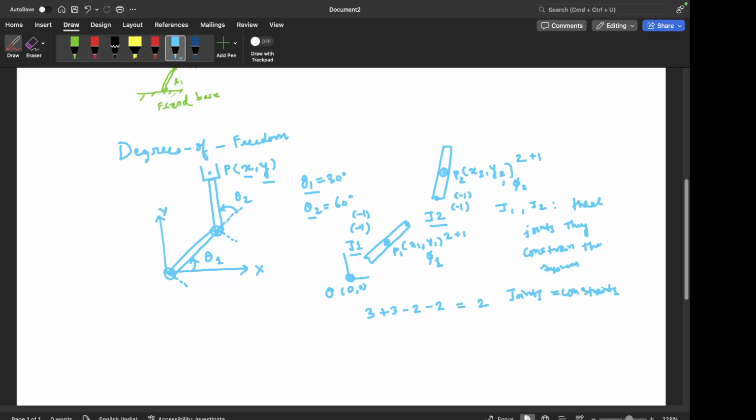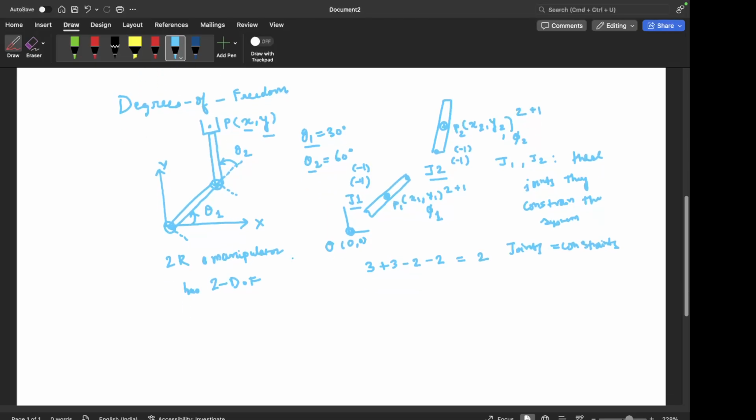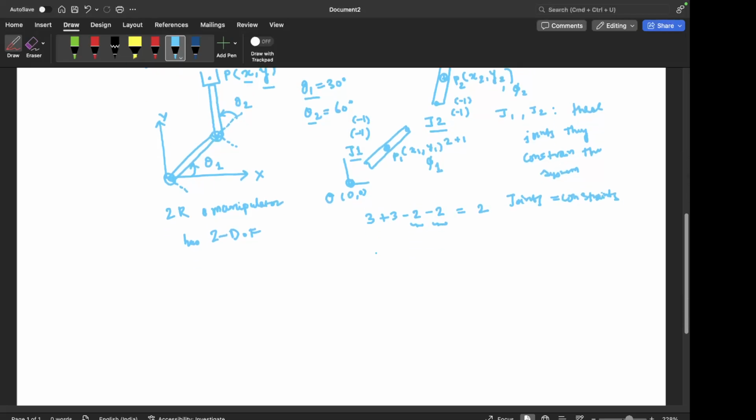So the total system, this 2R manipulator, as the name suggests, has 2 degrees of freedom. Right. Now, let's spend some more time on it and see how these 2 degrees of freedom are taken away.